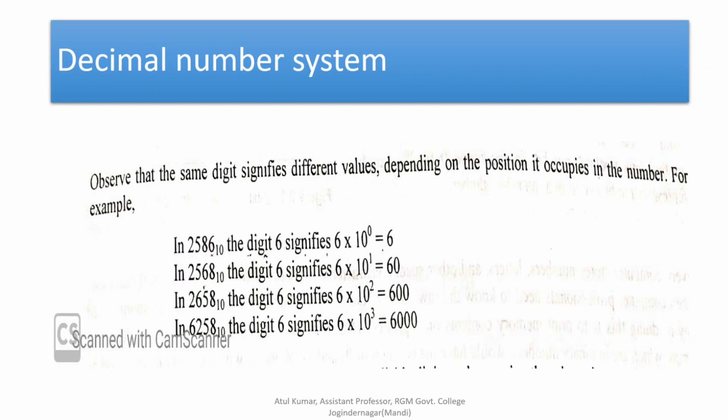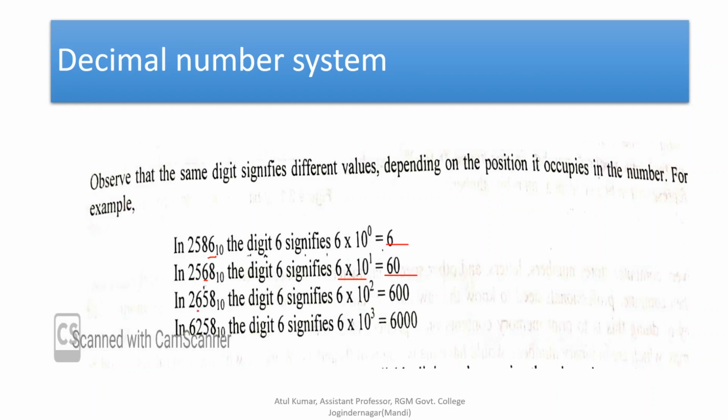In the first, 2586, the position of 6 is at ones place, so its value is 6. In the second example, the position of 6 is at tens place, so its value is 6 into 10 to the power 1, that is 60.